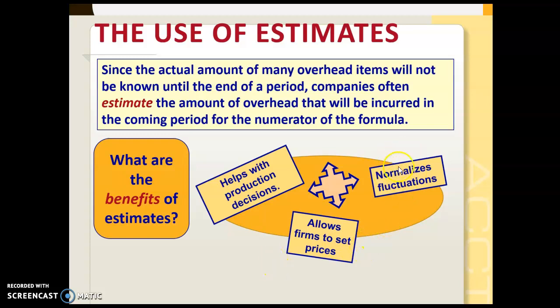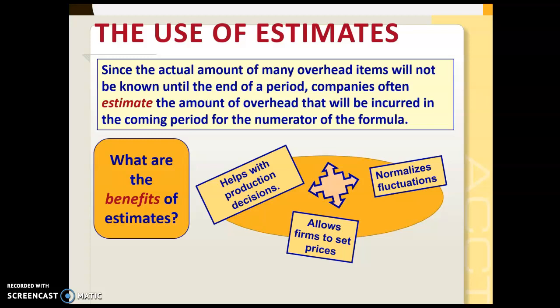Okay? It helps to normalize fluctuations. What this is talking about is like insurance. Typically, we might pay the factory building insurance once a year. So in that month, if I was just going to use that overhead of that month for just the jobs of that month, then those jobs would have a lot more overhead in them than the next month that didn't have that extra cost in it.